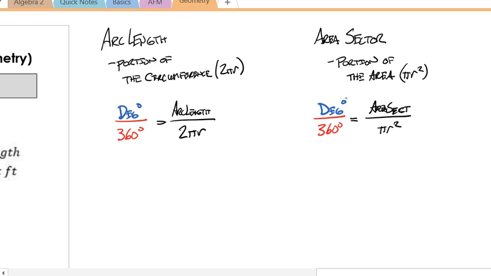So from these two proportions, we're able to figure out what the arc length is, what the area of a sector is, or as we'll see in a minute, sometimes we figure out what the degree is or what the radius is, depending on the given information. So these two proportions are what we'll be using predominantly on these problems. So let's jump back over.